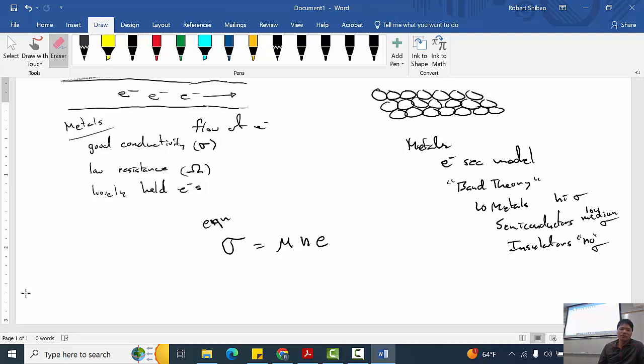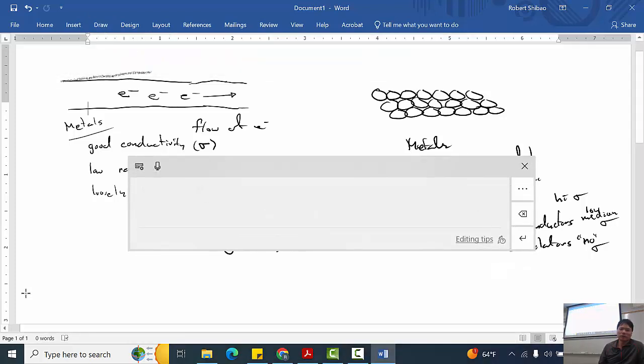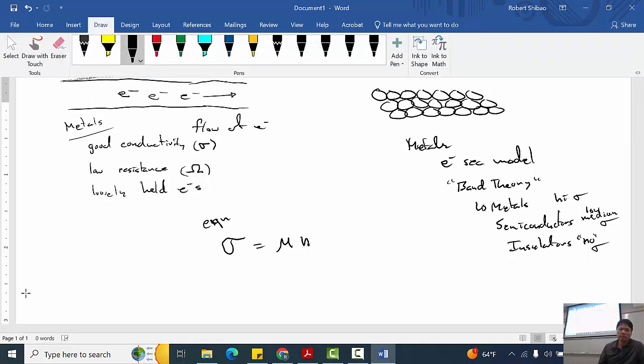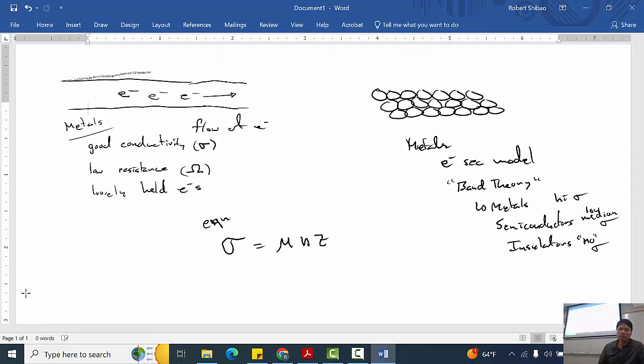The symbols vary depending on what book you use. So this is the conductivity. The standard is copper and gold. Copper and gold have really excellent conductivity.